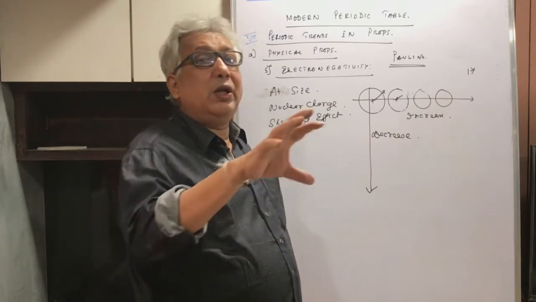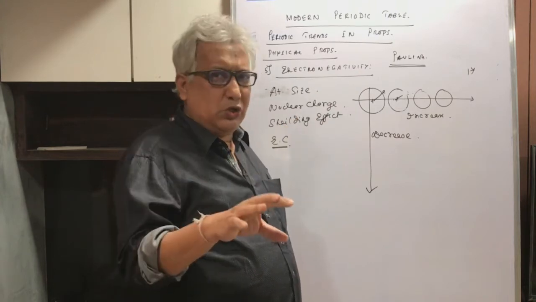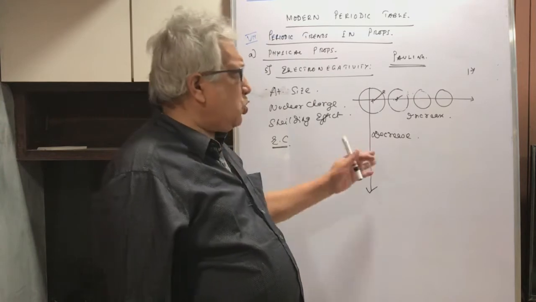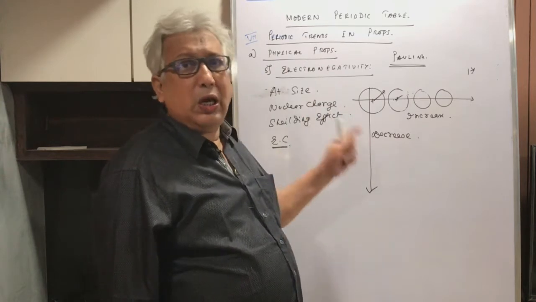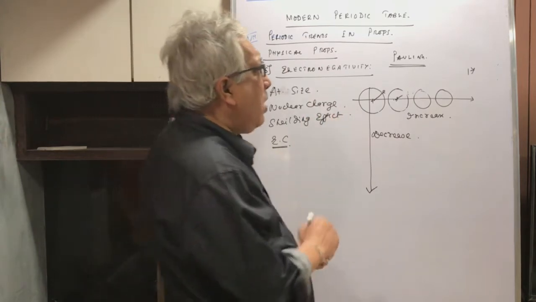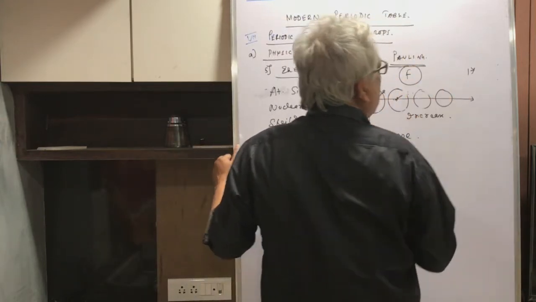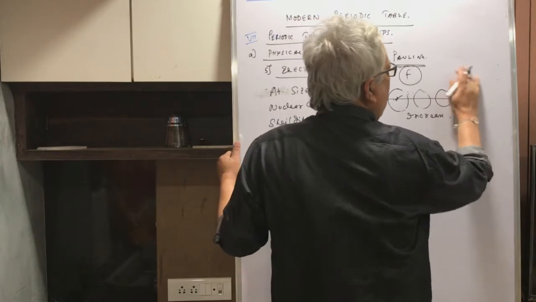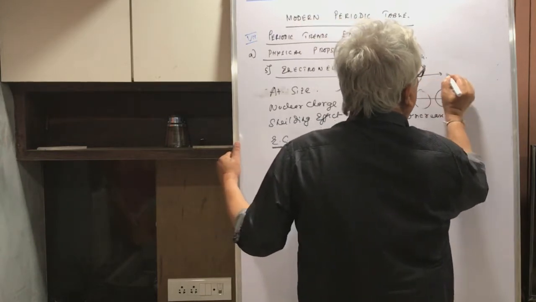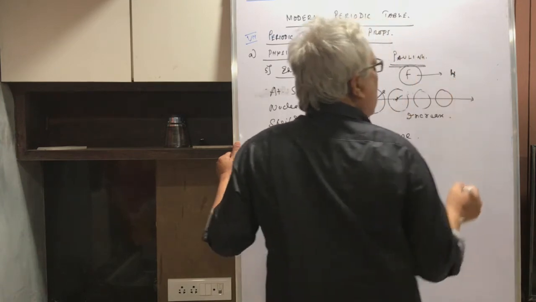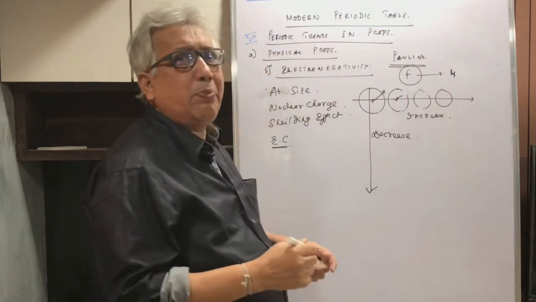Then he also studied their atomic size and the nuclear charge. On the basis of that, he gave a table in which he said the most electronegative element in the entire periodic table is fluorine, and he gave the value of fluorine to be 4. Is that okay? So fluorine is the most electronegative element in the entire periodic table.